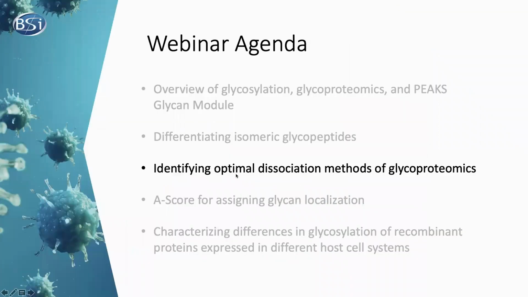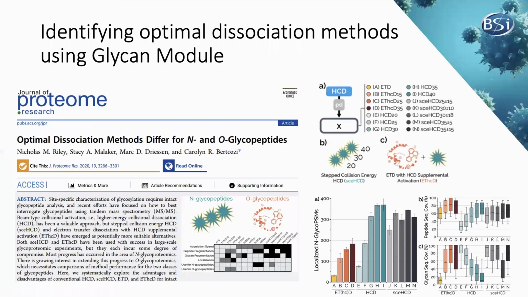Okay, next I'll show a reanalysis of previously published work where they identified optimal dissociation methods for glycoproteomics. This work was published from Carolyn Bertozzi's group in collaboration with Nick Riley, Stacy Malaker, and Mark Dreisen.